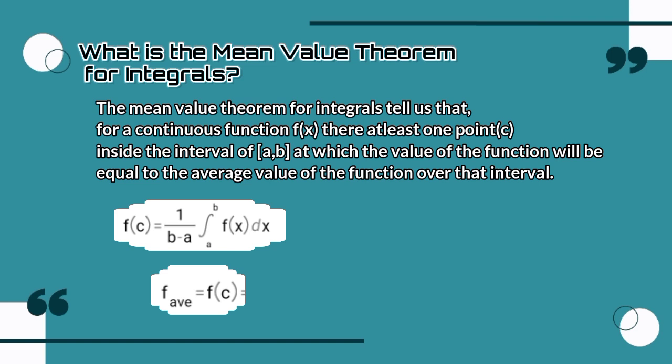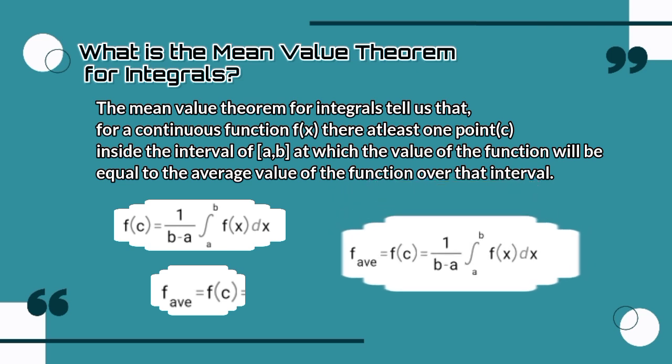Some textbooks also denote this as the average value of a function equals f of c, which also equals 1 over b minus a times the definite integral of f of x dx from a to b. In the mean value theorem for integrals, we are looking for the point c, which lies inside the interval between a and b.